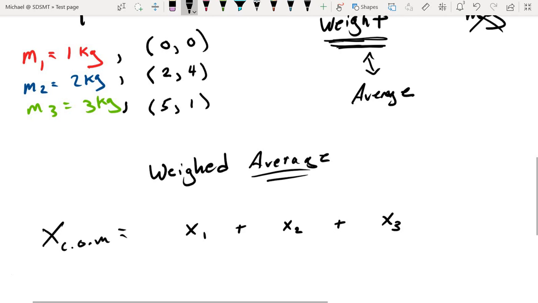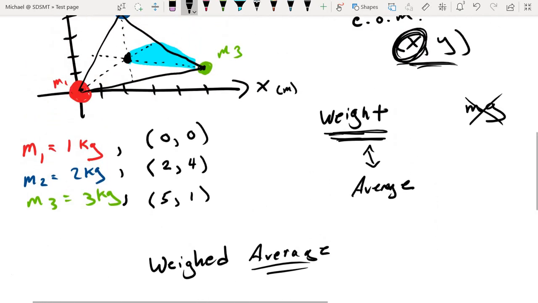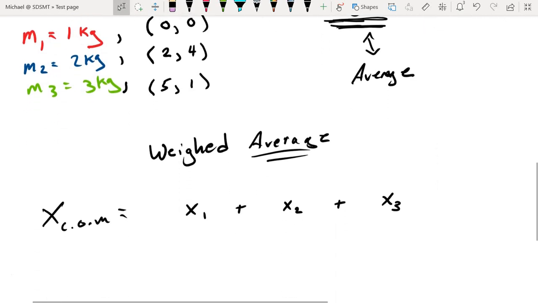And then the next step in the averaging process would be to just divide by the number of entries that you're using. And so if I added all these up and divided by 3, that would get me a value. Except if I do that, I'm going to get the geometric center, and I don't want that. I need to incorporate the masses of the system.